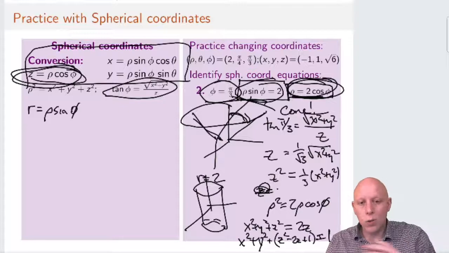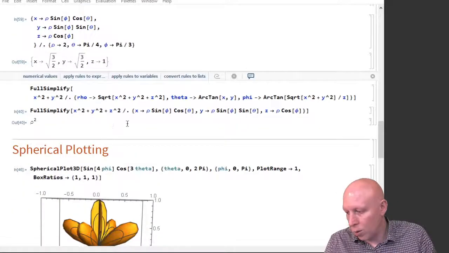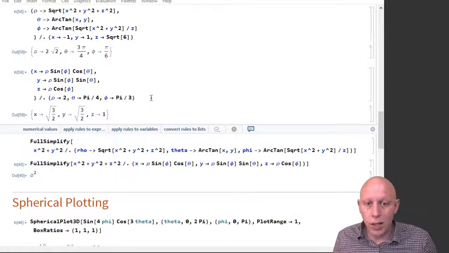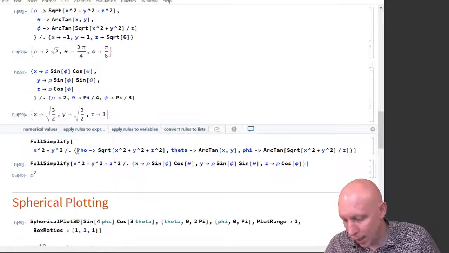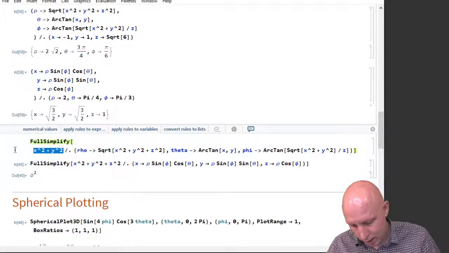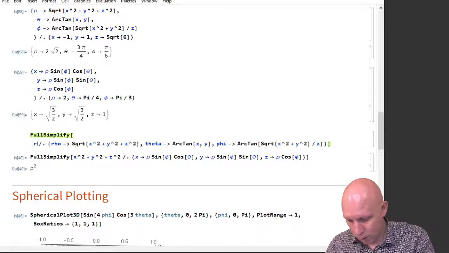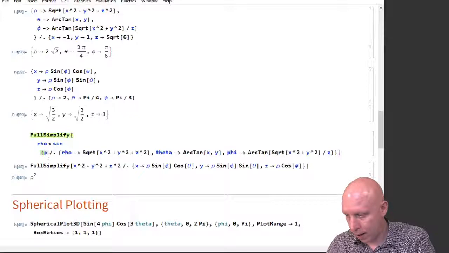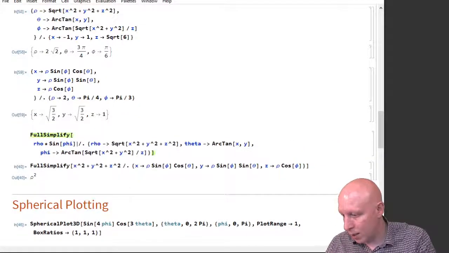So now let's go over to Mathematica and see those things in action. We can use Simplify, or we can plot these equations directly. Let's say we had something that looked like rho times sine of phi.